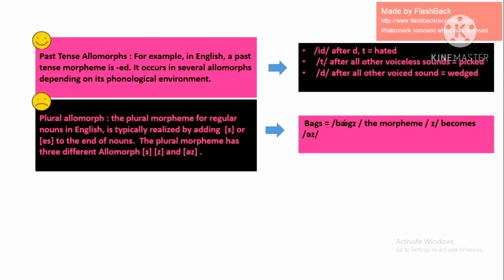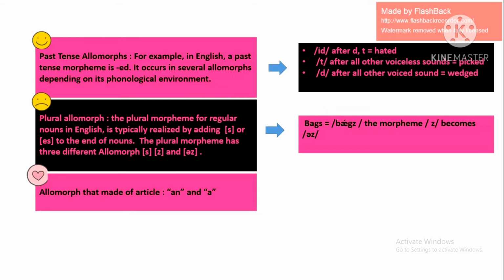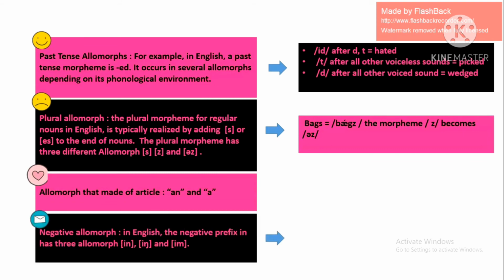Next, the third is allomorph made of articles, like an and a. The last, or the fourth, is negative allomorph. In English, the negative prefix in has three allomorphs. It is like il, in, and im.